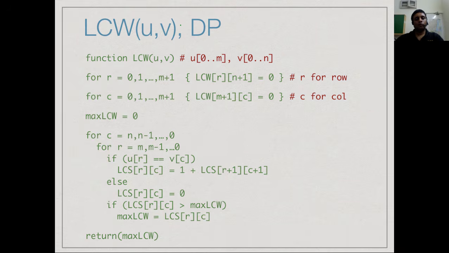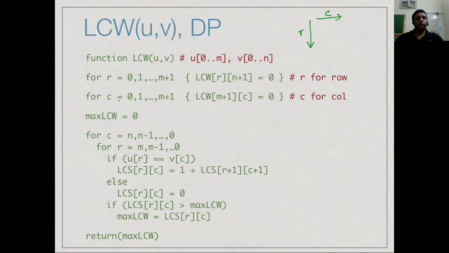So here is some code for this particular algorithm, the dynamic programming version. Just to make it less confusing, I have explicitly used the variables R and C instead of I and J. So R is the row, it goes this way, and C goes this way.